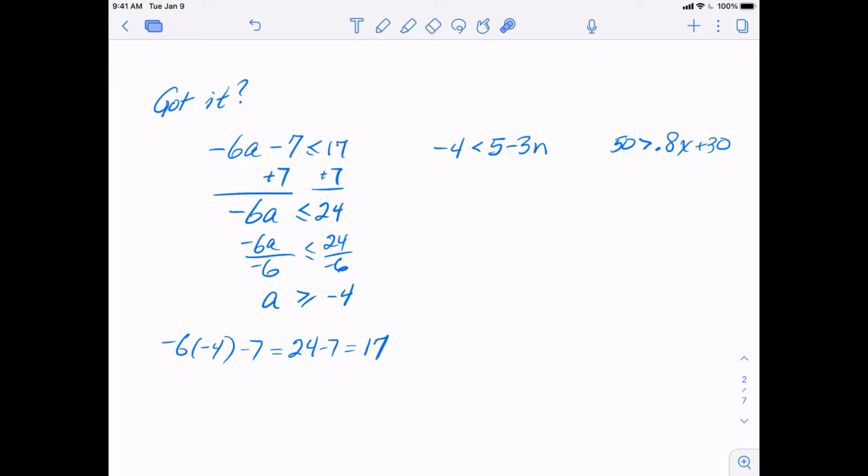And now let's choose a number to check, any number greater than negative 4. Well, let's check 0. So we'll plug in 0, negative 6 times 0 minus 7, less than or equal to 17. Negative 6 times 0 is 0, so this is just negative 7 is less than or equal to 17, and this is correct.